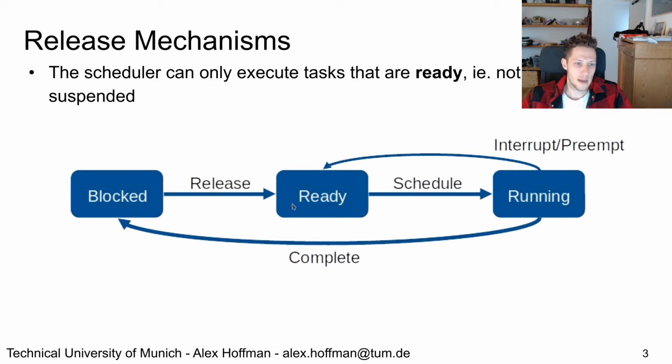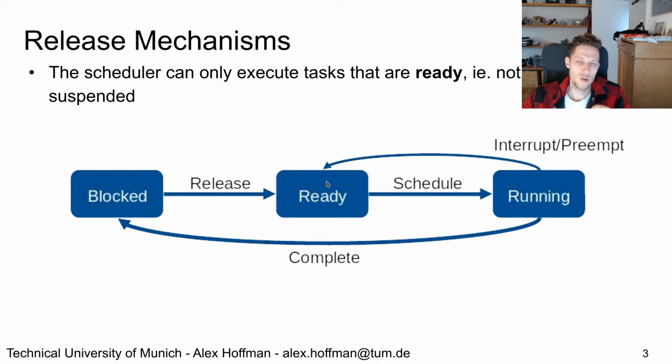And this release mechanism is the mechanism or the condition by which the task is put from a blocked state where it's not running, it's waiting for something, it's waiting for its release, into this ready state where it can then be put onto the CPU or the shared resource by the scheduler, meaning that the ready state is the pool of tasks that are of interest to the scheduler.